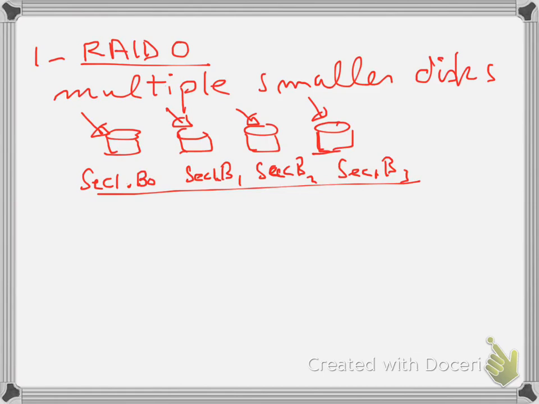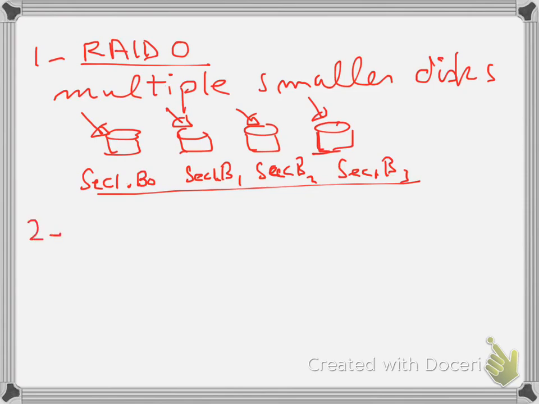But in terms of failure, unfortunately, I didn't enhance anything, because if any of these disks fail, I fail. So with this one, we are spreading the sector over multiple disks, and striping means multiple blocks can be accessed in parallel, which increases the performance. Okay, so this is our first option.